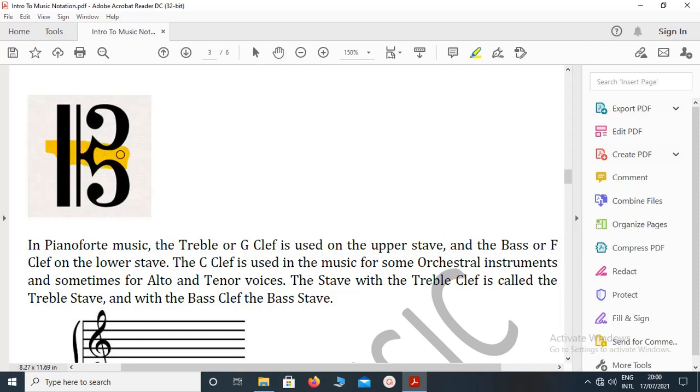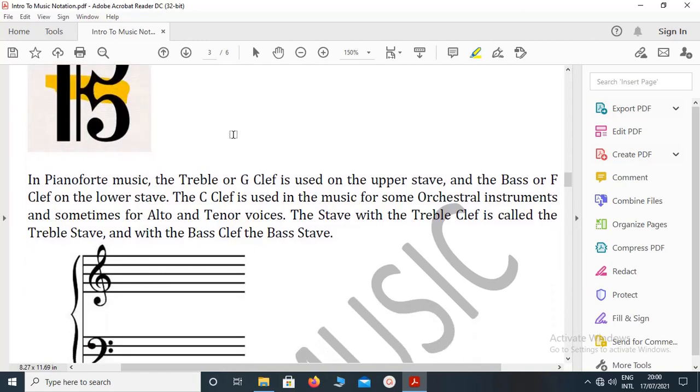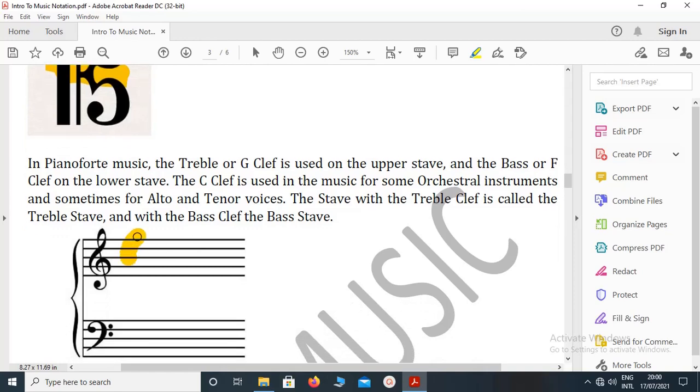Assuming this was the musical instrument and it was placed around this area, assuming this area was placed around here, in this line, that would become what we call the tenor, whereas the alto would appear in this line.